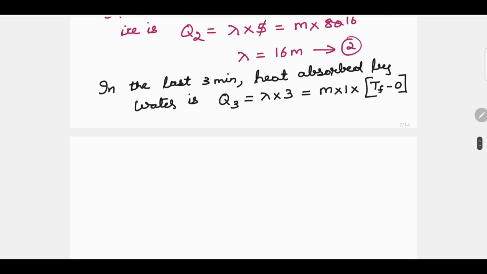That means we can write Q3 equals 3 lambda equals m into Tf, equation number 3.